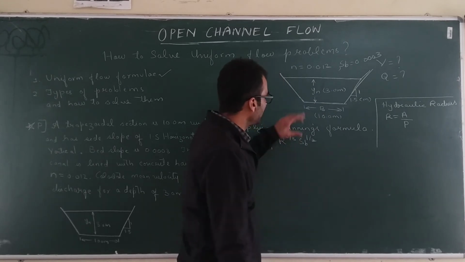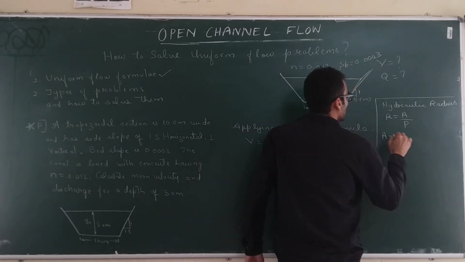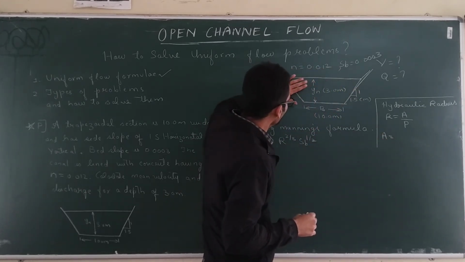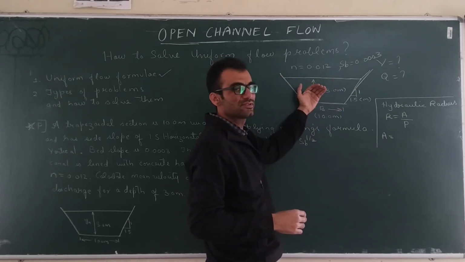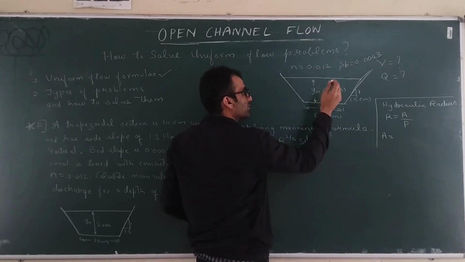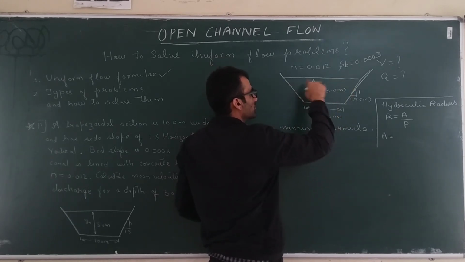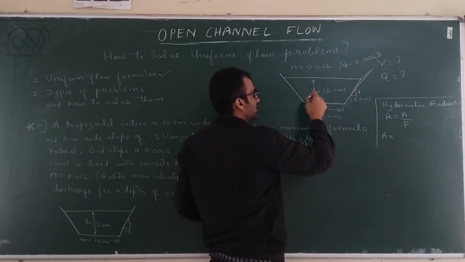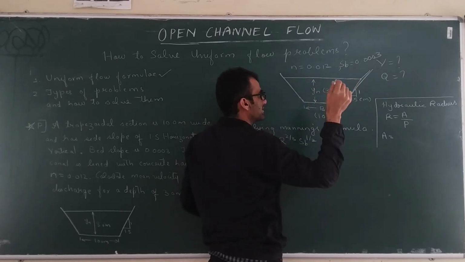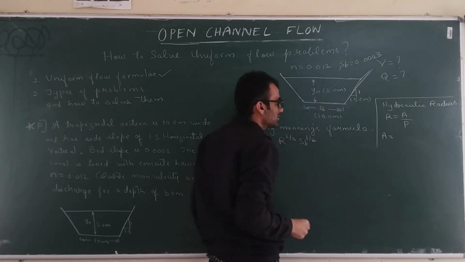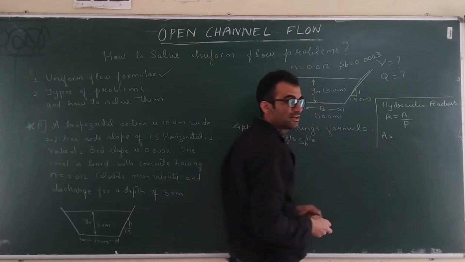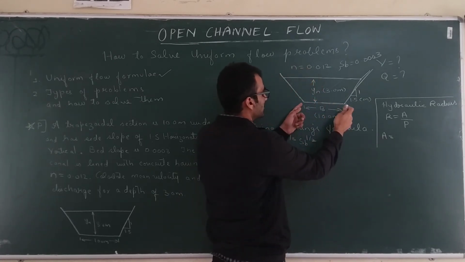Flow area A, what is the definition of flow area? Flow area is the cross sectional area of the flow. Suppose flow is moving in this direction. So what is the cross sectional area of flow in this direction? It is this area. For the trapezoidal section we have already calculated it.